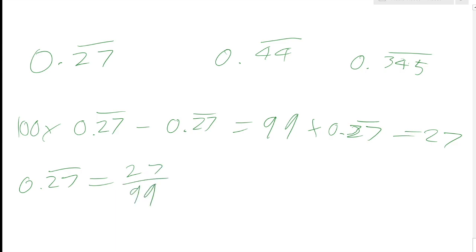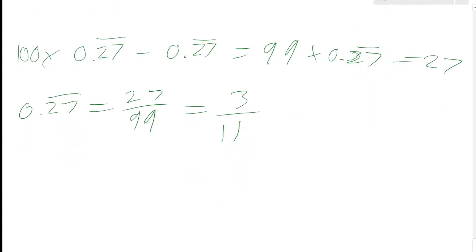And then if you simplify that, factor out the 9, you find that's 3 over 11. 0.44, same process, you find that 0.44 is equal to 44 over 99.